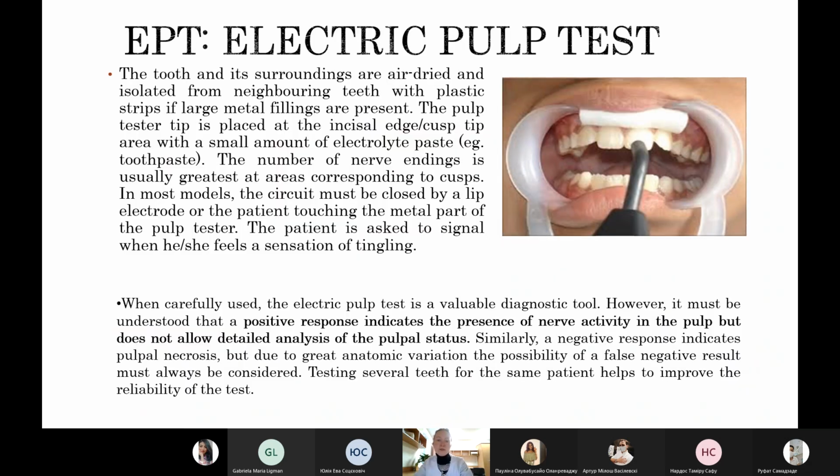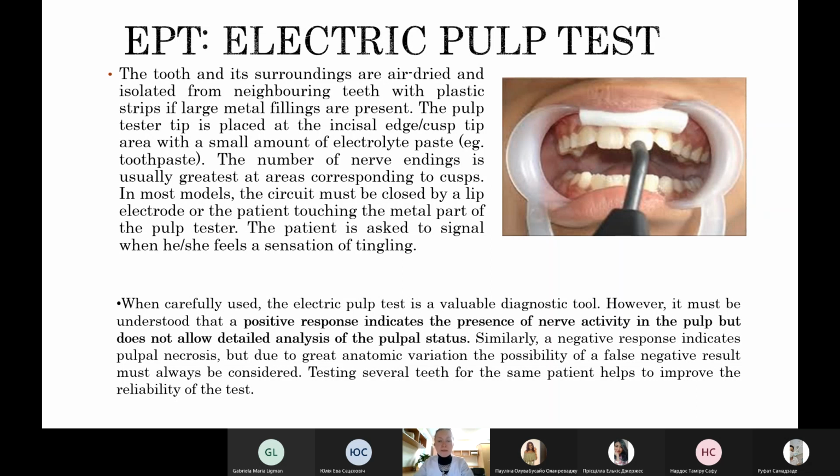Actually, the technique is described here. The tooth and its surroundings are air dried and isolated from neighboring teeth with plastic strips if large metal fillings are present. The pulp tester tip is placed in the incisal edge or cusp tip area with a small amount of electrolyte paste. The number of nerve endings is usually greatest at areas corresponding to cusps. That's why we choose cusps for this.